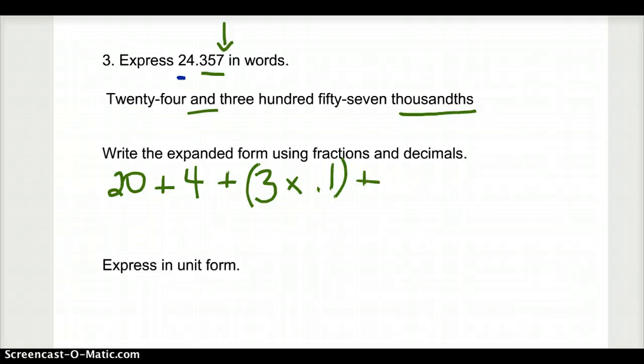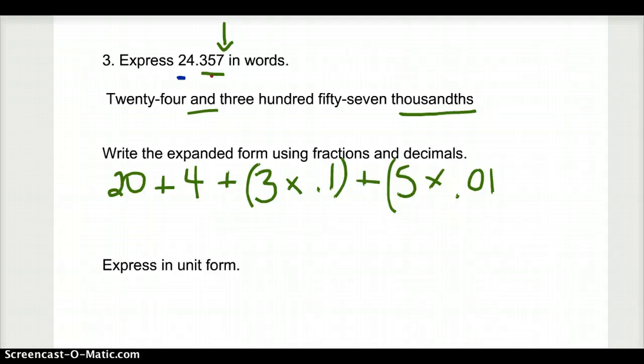Okay, so then we're going to add again to include all the rest of our parts. I'm going to move to the hundredths column. How many hundredths do I have? And I see that I have 5. So 5 copies of my hundredths, there's 1/100th.